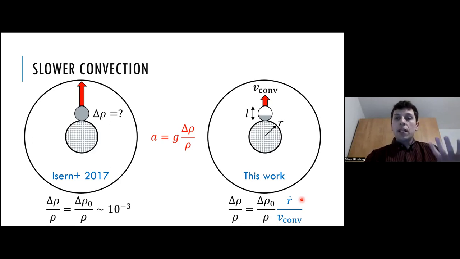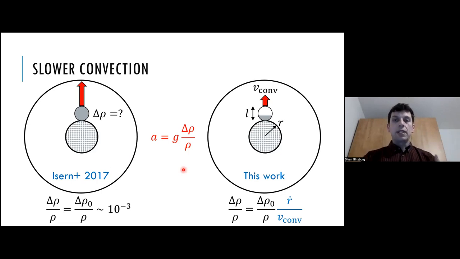It's important to understand that crystallization is a very slow process. As you know, it takes giga years to crystallize the entire white dwarf. So this R dot over here is a very small velocity, a very small number. So the density contrast is actually much smaller than previously thought, and this means that convection is much slower than previously thought.